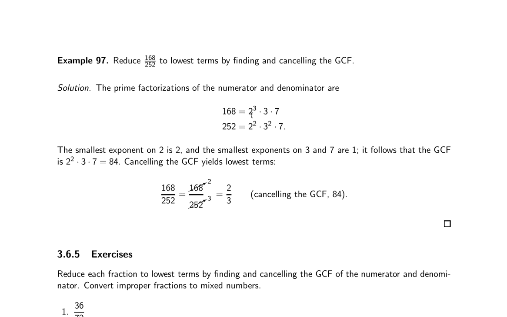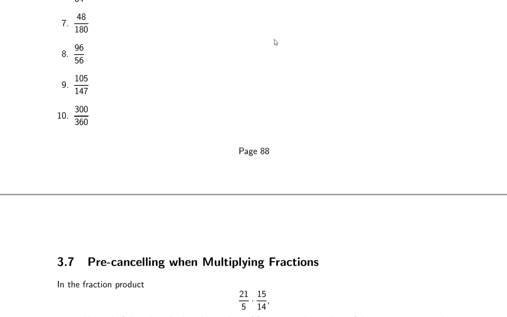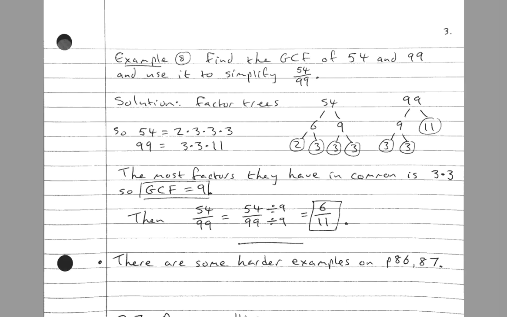So this has 2 2's in common, 1 3 and 1 7. So this simplifies a lot to just 2/3. All right, so that's our main use for greatest common factors. It's for simplifying fractions.